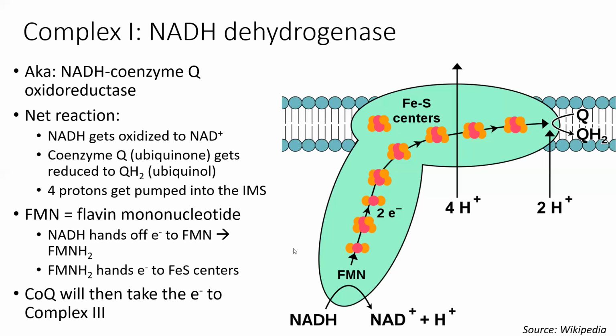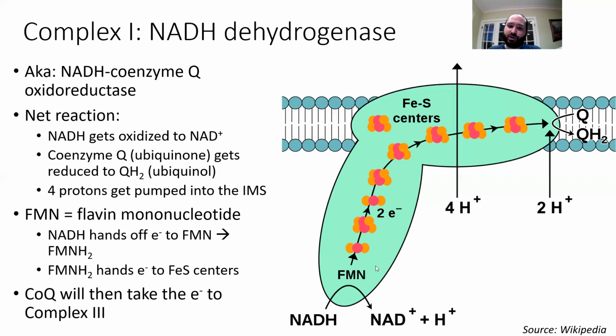Should we familiarize ourselves with FMN or just focus on the coenzyme and the enzyme itself, or the name of the complex? I would worry mostly about the name of the complex, linking it to the fact that it's oxidizing NADH, and know that it's reducing coenzyme Q. These 2 protons, by the way, are not being pumped, they're just being added to coenzyme Q. It helps to know the coefficient of protons that gets pumped because, as we'll see, it'll help us explain why NADH and FADH2 have different ATP yields.